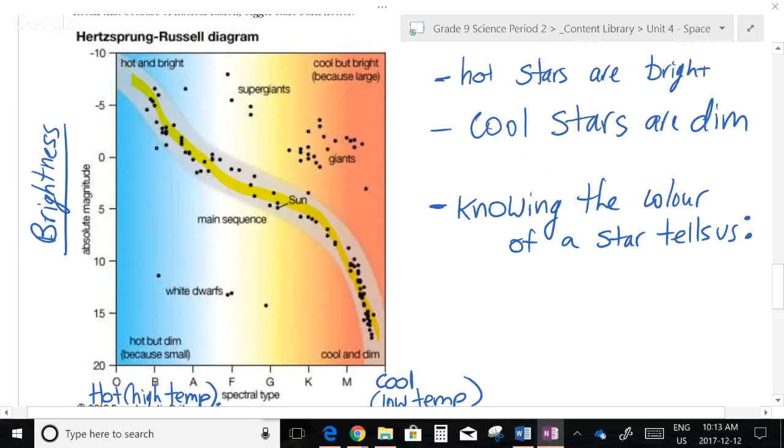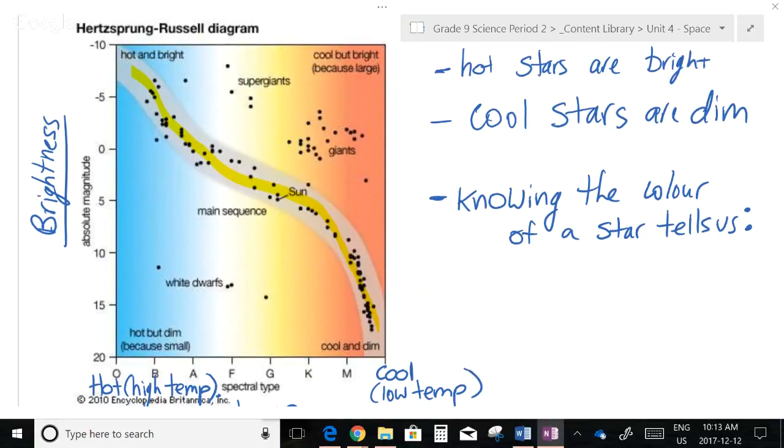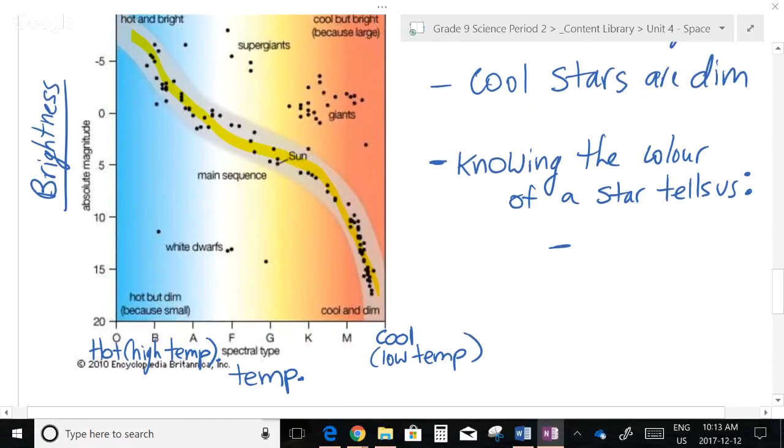Just looking through a telescope and looking at the color, well, we've already said it tells us the temperature of that star. But it doesn't just tell us the temperature, because if we know the temperature, we also know how bright the star should be.